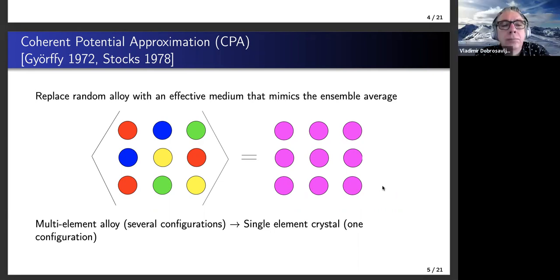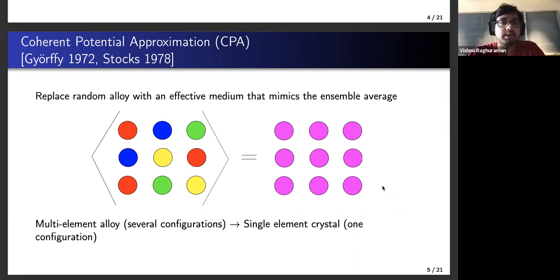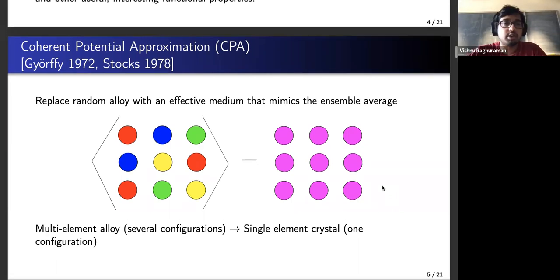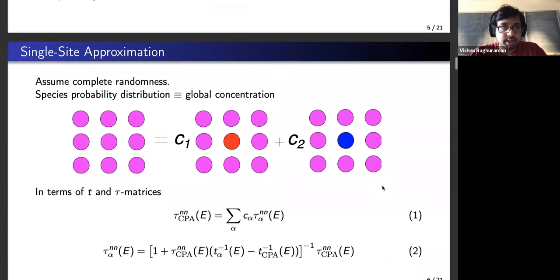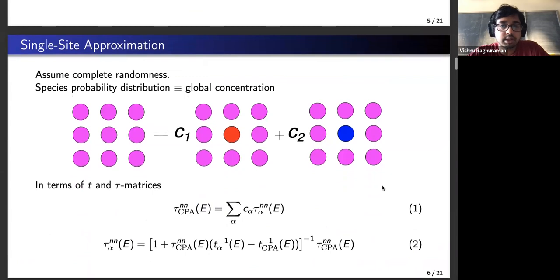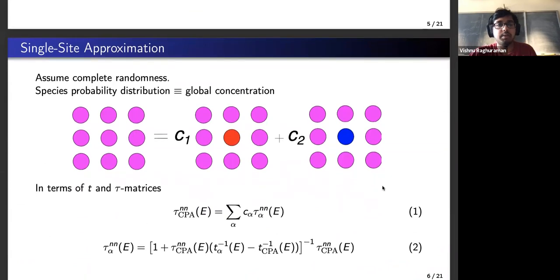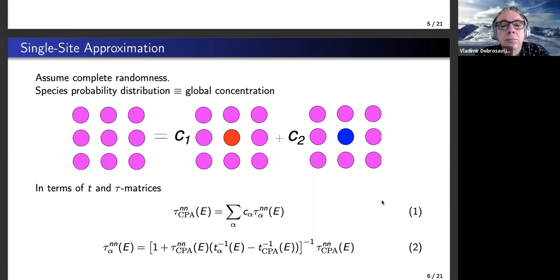So essentially, you're dealing with a pure element single crystal, which computationally makes things very easy. Now, we are also in the single site approximation, which means we're not dealing with any correlations in the chemical species between the neighbors. The species distribution on each site is controlled purely by the global concentrations that you specify for the individual species.